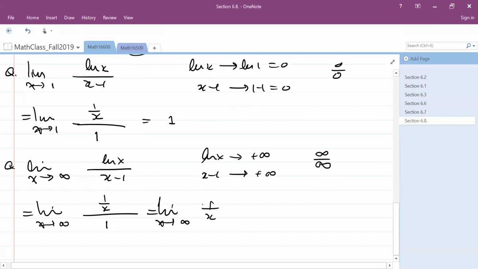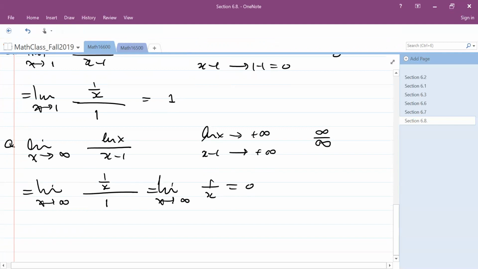When x approaches infinity, the limit of 1 over x is clearly 0. So the answer is 0. Natural log of x grows much slower than x minus 1, or any x. That's why you get this result.